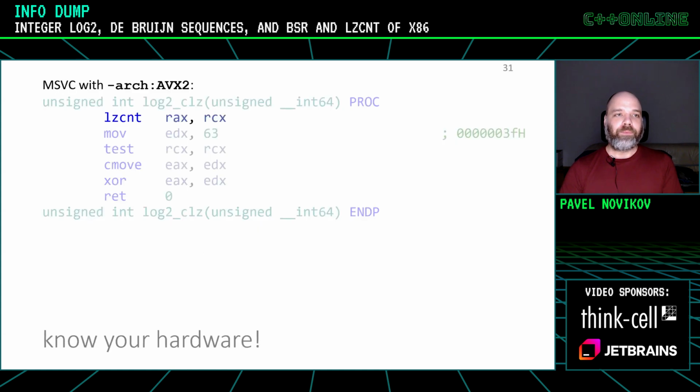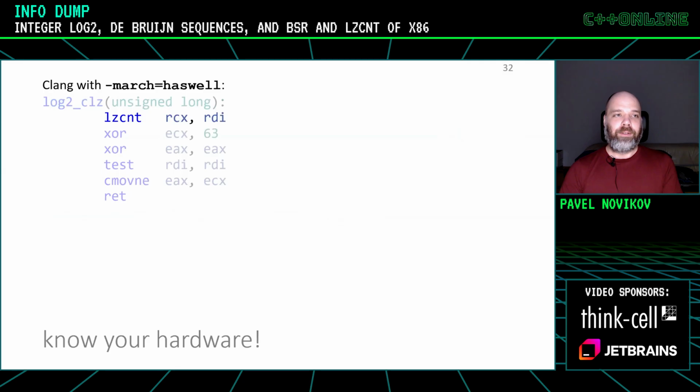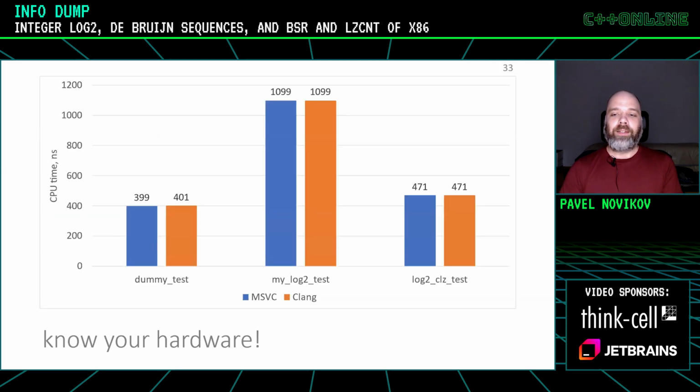In that case, all the compilers, MSVC, Clang and GCC, generate the implementation using LZCNT, leading zero count. And here is Clang with appropriate flags. In this case, we get truly the fastest available performance.